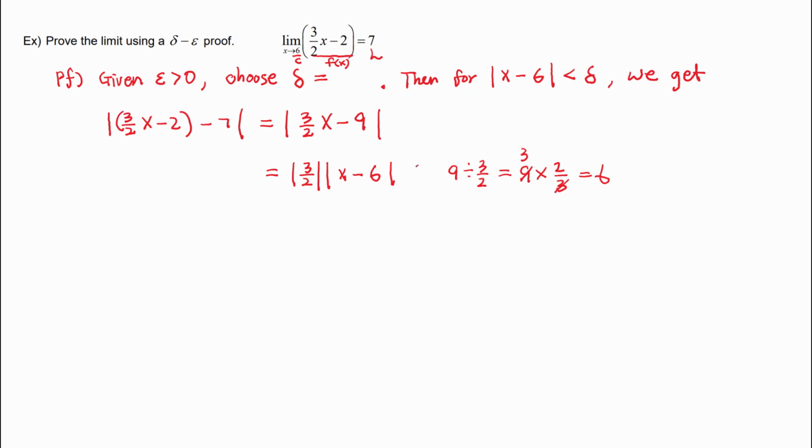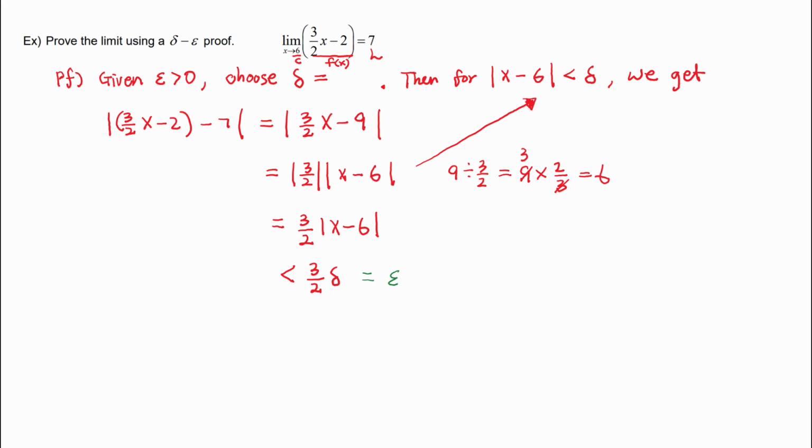Look at this. That's what I need here, right? I needed to find out absolute value of x minus 6 has to be less than some number, and it's right there. So we know this is equal to 3 over 2 times absolute value of x minus 6, and I know this is less than 3 over 2 delta, because absolute value of x minus 6 will be less than delta. That's our hypothesis.